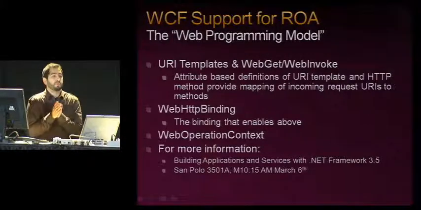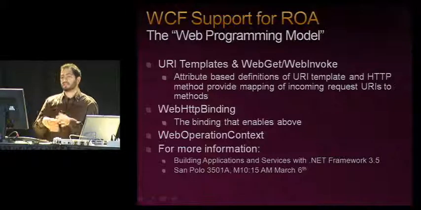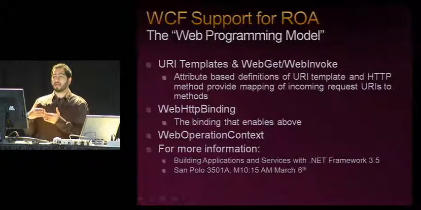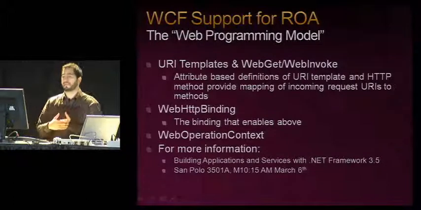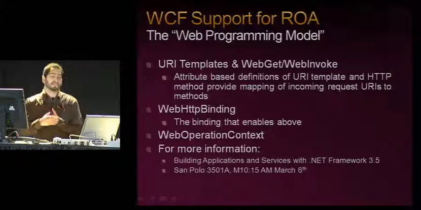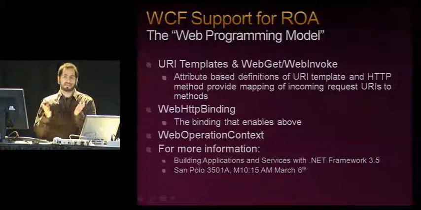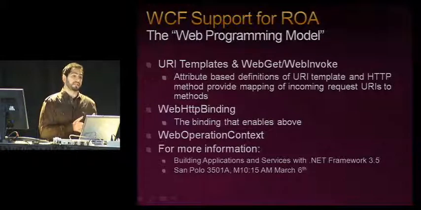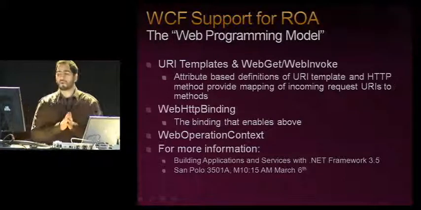If you put this webGet attribute around a method, instantaneously it becomes a RESTful method, a RESTful API call. The URI template that's associated with that webGet, that allows us to map a certain URI to a method in a class. And I'll show you that in the code right in my next demo.